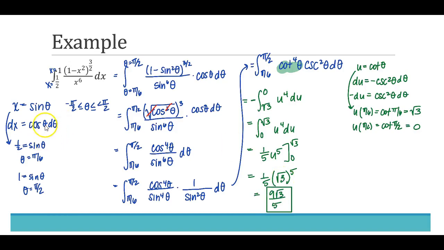Because at each step of the way I changed my limits of integration. When I did a trig substitution, I changed them into thetas, and then when I did a u substitution, I changed them into u's, right? I never had to go back and draw a triangle or do anything to get myself back in terms of x, because this was a definite integral.